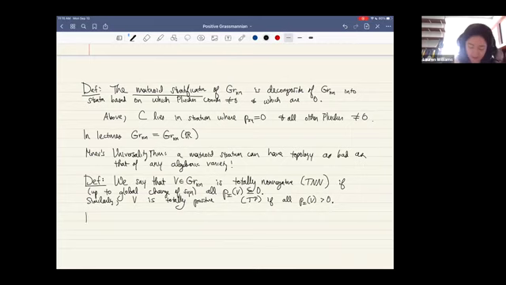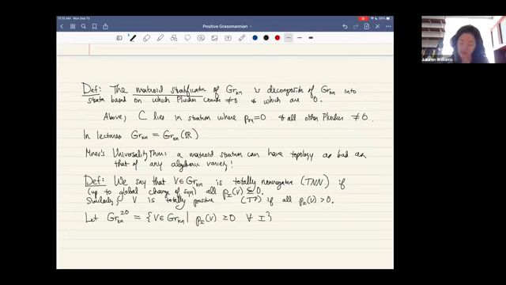And now I'll let Gr(k,n) greater than or equal to 0 be the set of all points in the Grassmannian where the Plücker coordinates are non-negative. So it's the set of all totally non-negative points in the real Grassmannian.